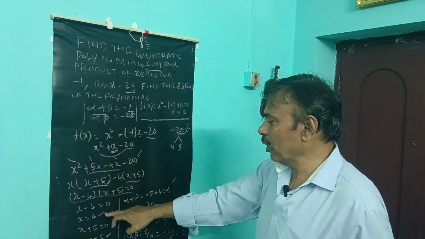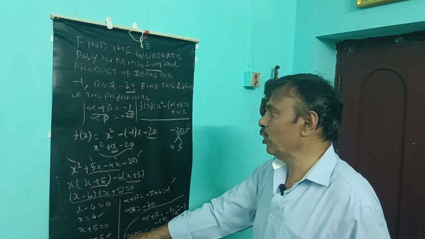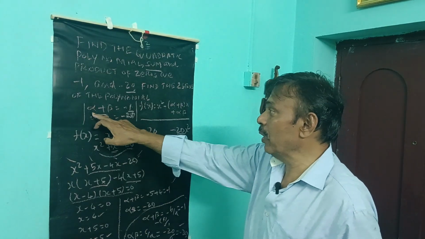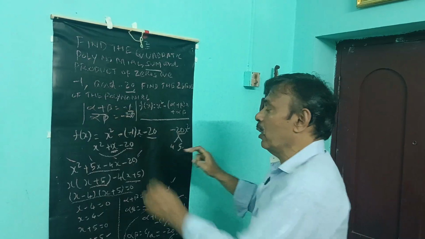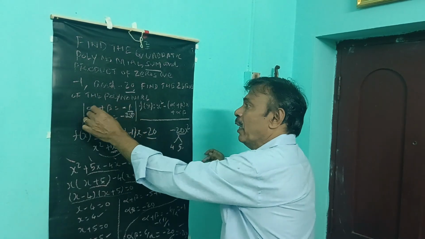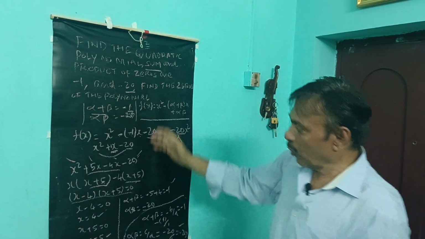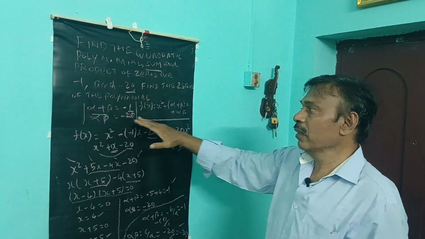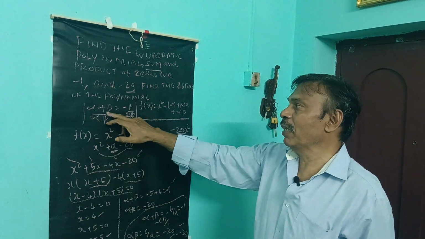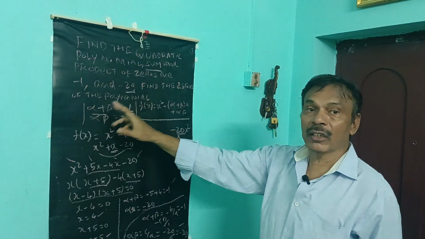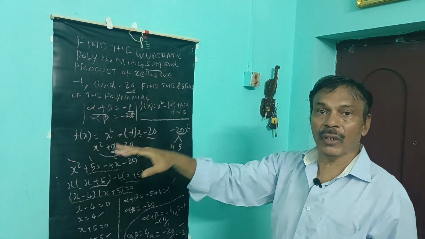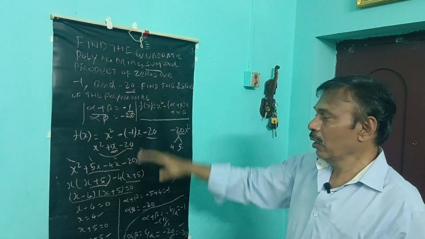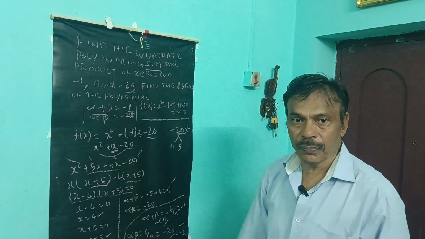One is 4 and one is -5. Just because they have given alpha plus beta is -1, we cannot come to a conclusion. We have to solve it.